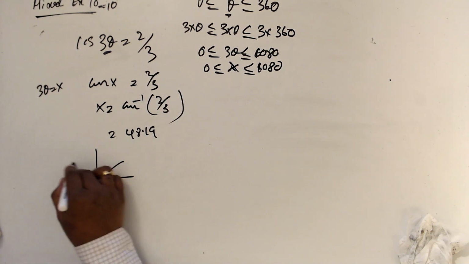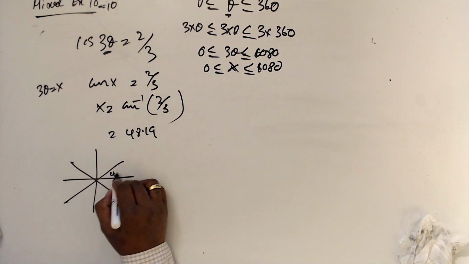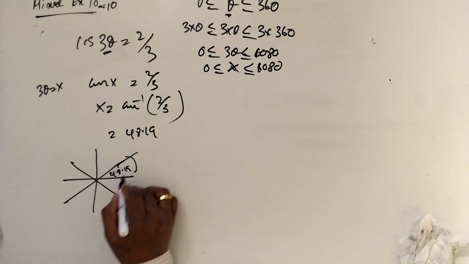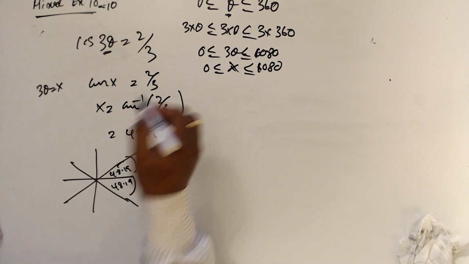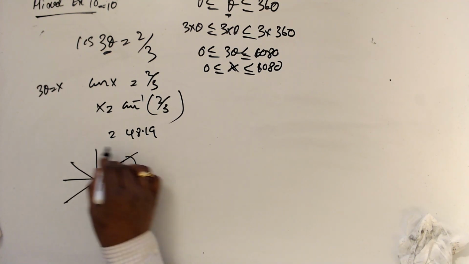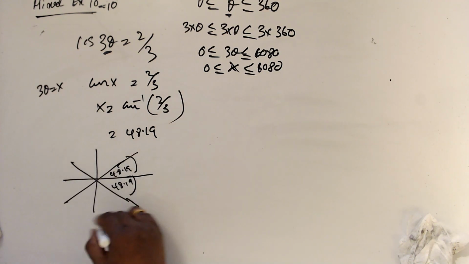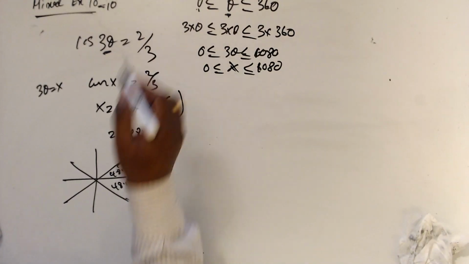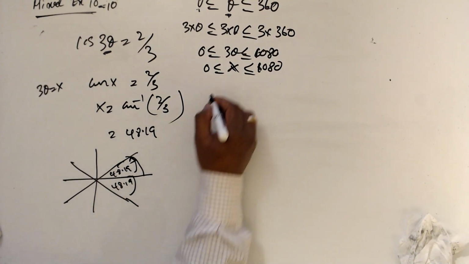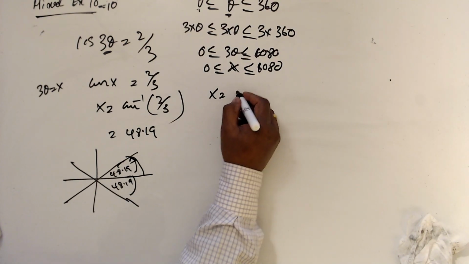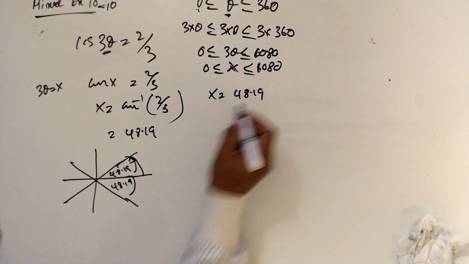So now this is an acute angle. Cos is positive in the first and the fourth quadrants. There's no point going clockwise, no negative, because we start from 0. First answer is x equals 48.19.